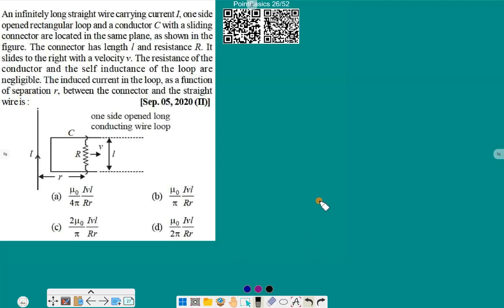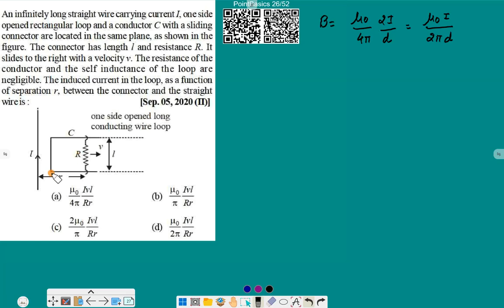Now we know that to find the current, we need to calculate the induced EMF in the circuit. And for induced EMF, what do we need? We need magnetic field and we need area. But if we look closely here, as the distance changes from the wire, the magnetic field's value is also changing, because we know magnetic field due to an infinitely long wire is given by mu naught by 4 pi into 2I by the distance from the wire, or mu naught I by 2 pi d.